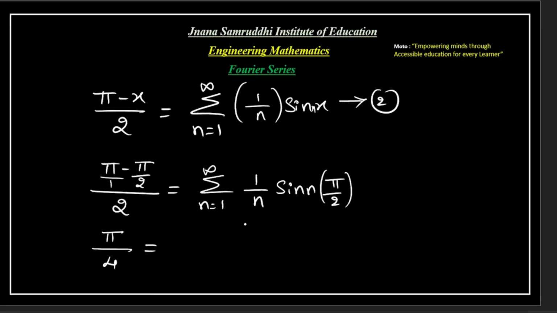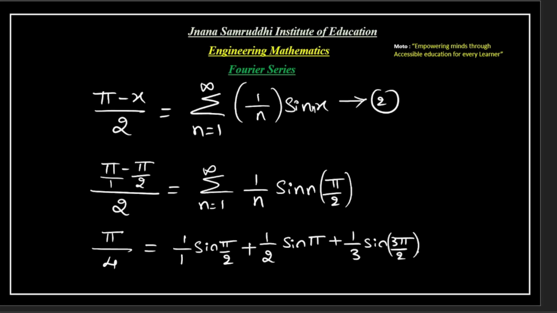So now we need to reduce. In the place of n, substitute with 1. So it will be 1 by 1 sin pi by 2 plus 1 by 2 sin pi plus 1 by 3 sin 3 pi by 2 plus 1 by 4 sin 2 pi, and it keeps going.